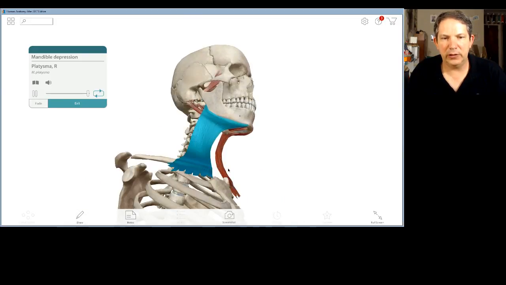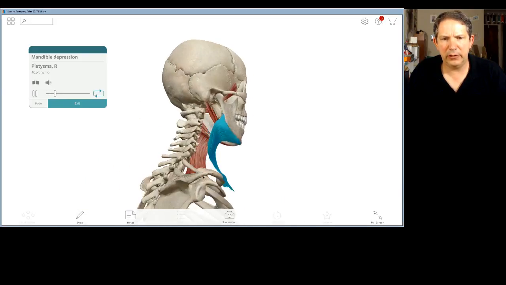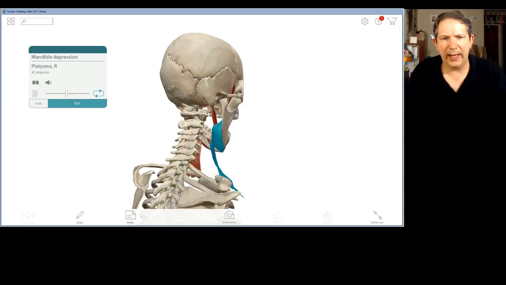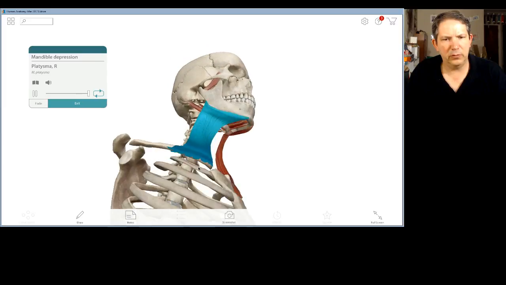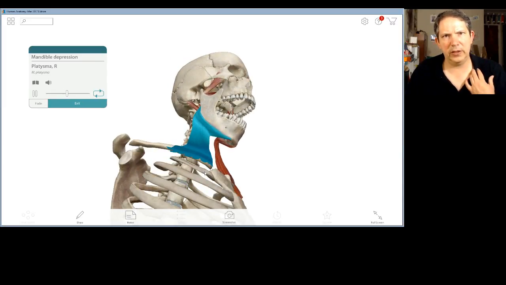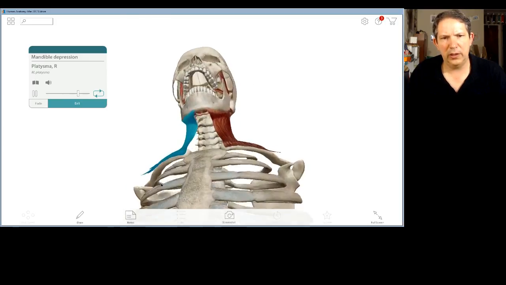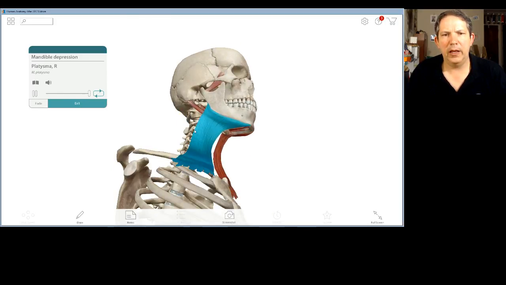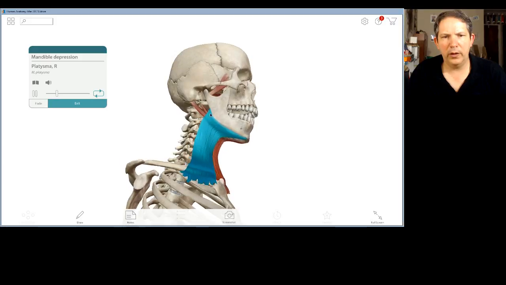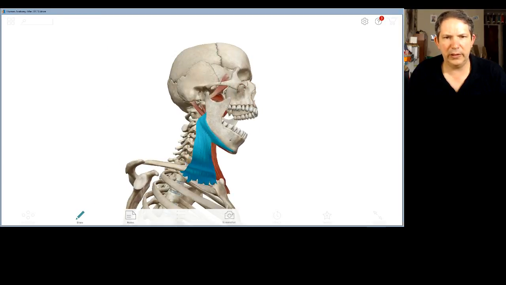The origin you can see here, it's not really originating at the clavicle, it kind of goes over the clavicle. So we don't see the origin here because it's just connective tissue around chest muscles that it's originating from. And then the insertion point is this whole inferior surface of the mandible.